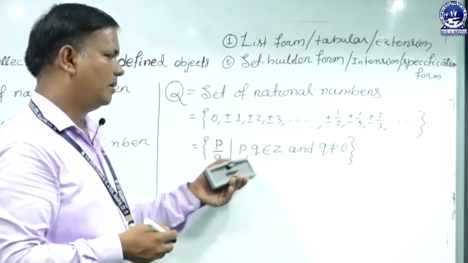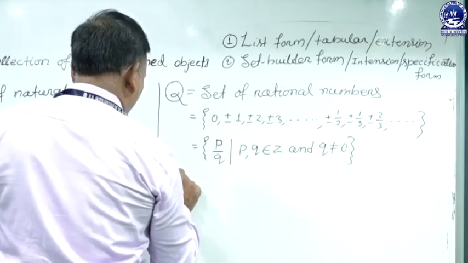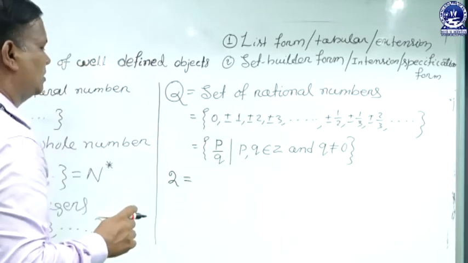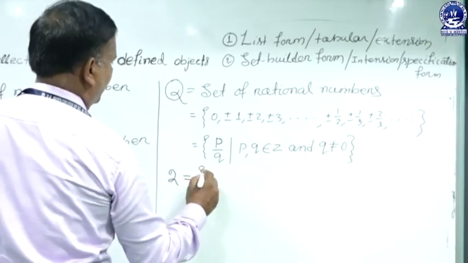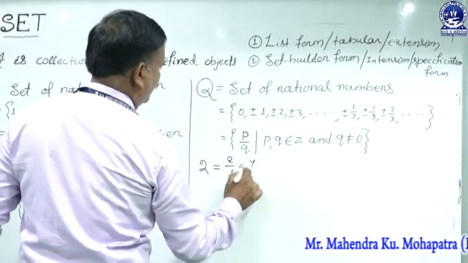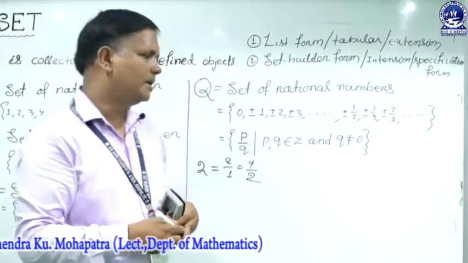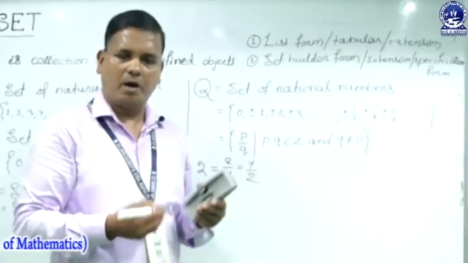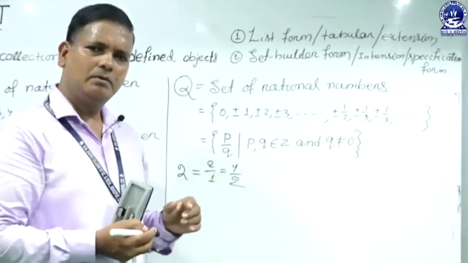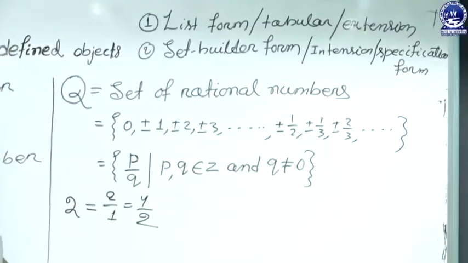So the denominator must be non-zero. For example, 2 is also a rational number. 2 can also be written as 2 by 1, also 4 by 2. That means any number can be represented in P by Q form, called rational numbers. What are P and Q? P and Q are integers, but Q is non-zero.